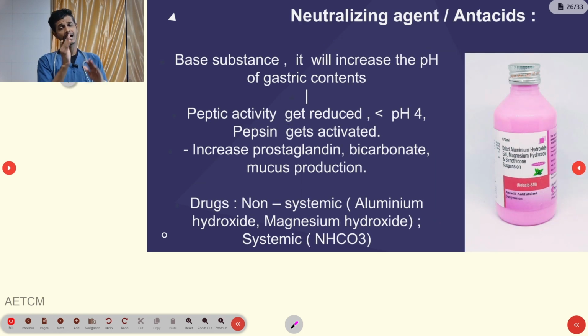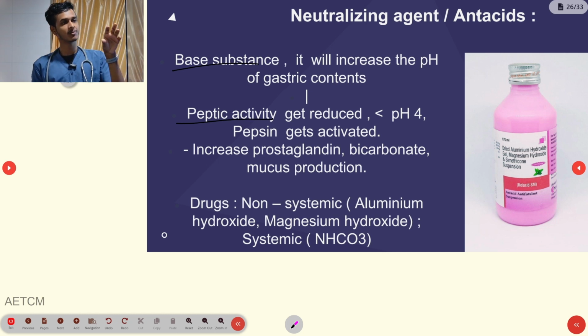On the other side, first we try to reduce the secretion, or else we can go with neutralizing, that is called antacids. Antacids are majorly base substances, and they will increase the pH of your gastric content. Because of the increased pH, your peptic activity gets reduced.